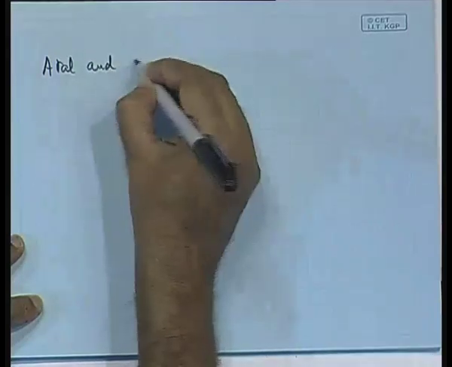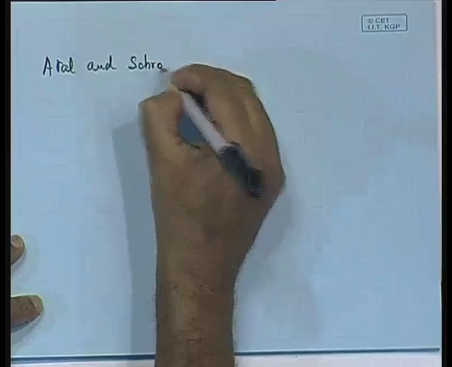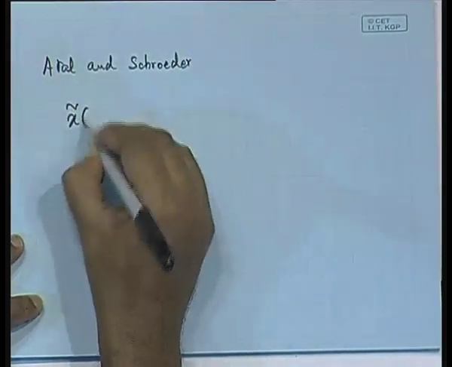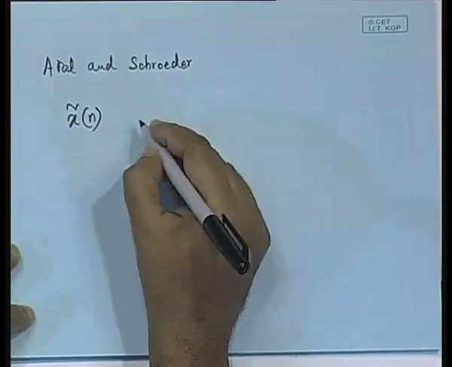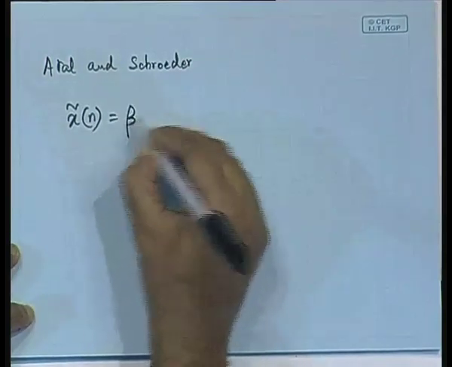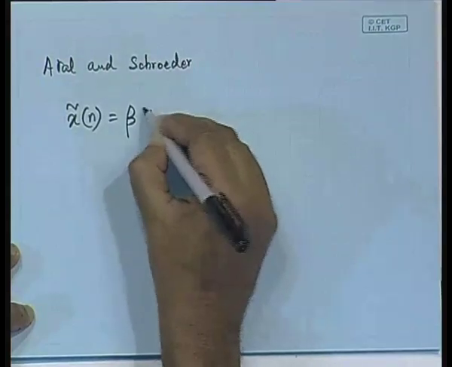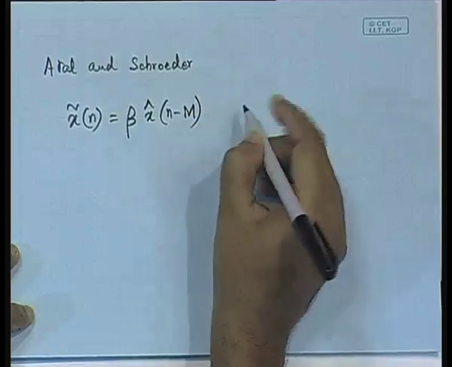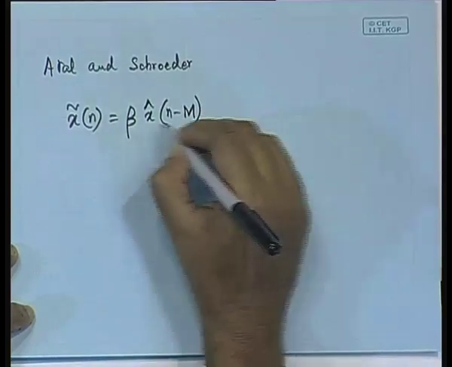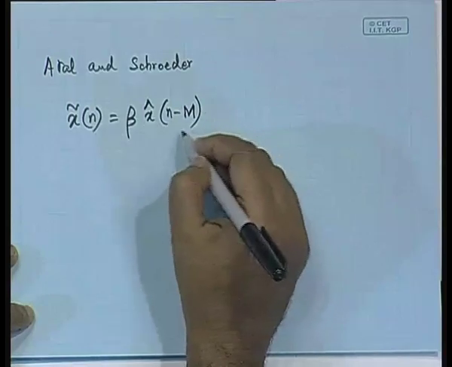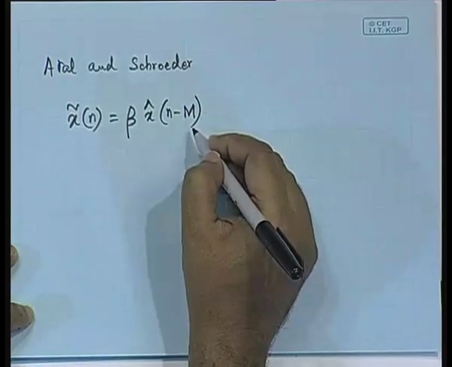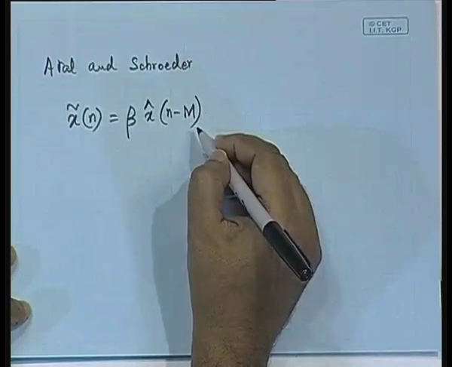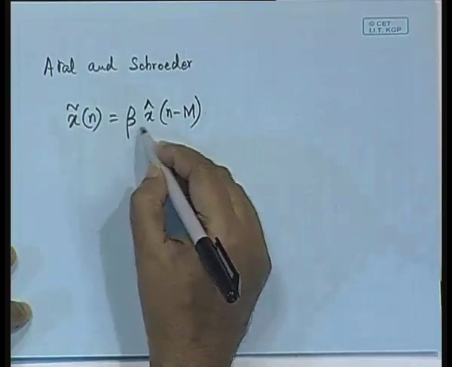Atal and Schroeder's philosophy is that you can obtain the predicted value x tilde of n as a coefficient beta times x cap of n minus capital M. Capital M is the estimated period, and beta is the coefficient corresponding to that.